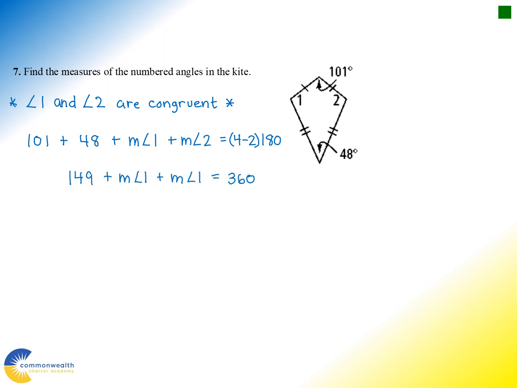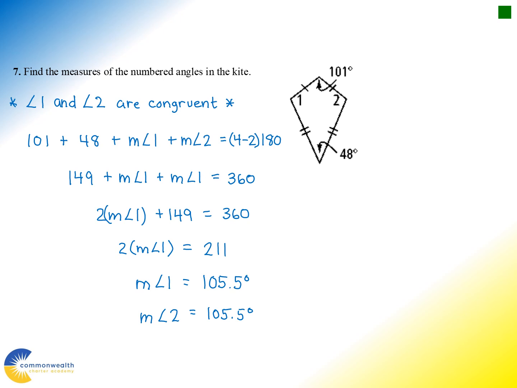So I have 149 plus the measure of angle 1 plus the measure of angle 1 again. That should total 360, which means 2 times the measure of angle 1 plus 149 should equal 360. I subtract 149 from both sides, and I divide both sides by 2 to get the measure of angle 1 is 105.5 degrees.